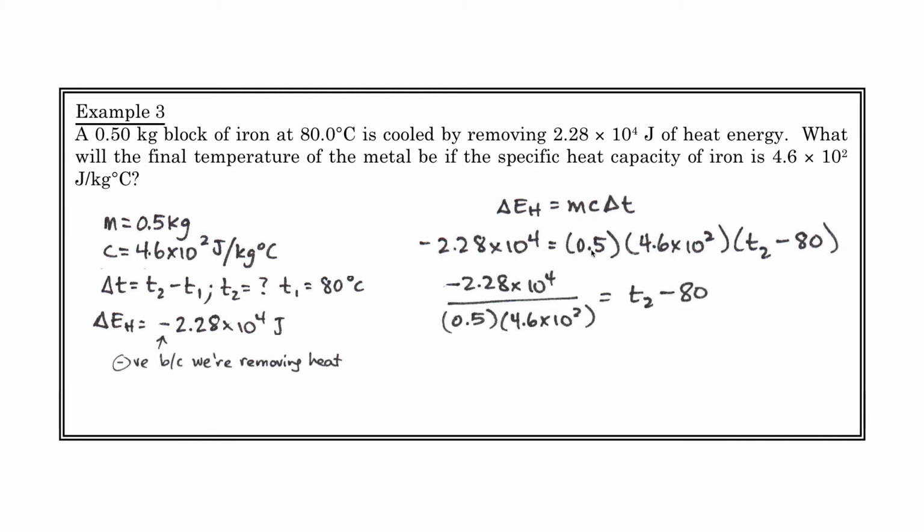I'm going to collect like terms, and I'm going to move everything over to the other side, just like I've done here. And when I solve this, this becomes one number, and I add 80 to it, I get minus 19.1 degrees Celsius. So that means that if I remove this much heat energy from this block of iron at 80 degrees Celsius, I'm going to get it down to minus 19.1 degrees Celsius.